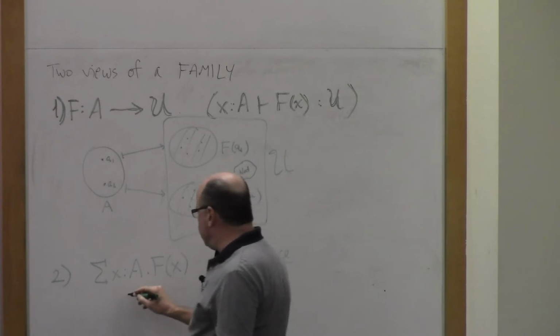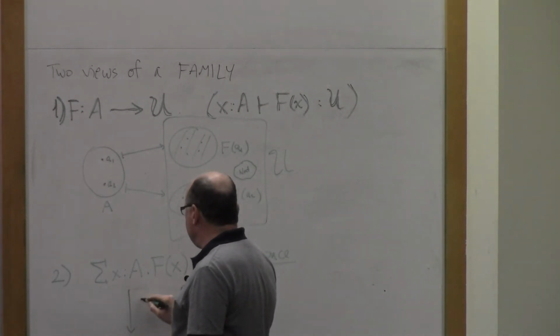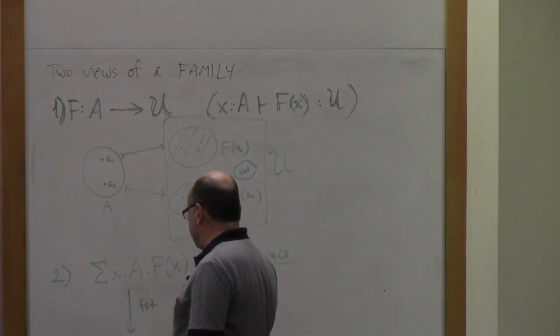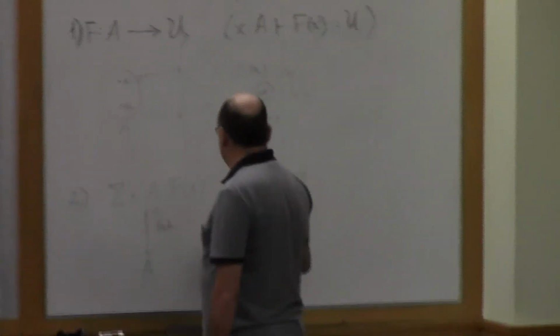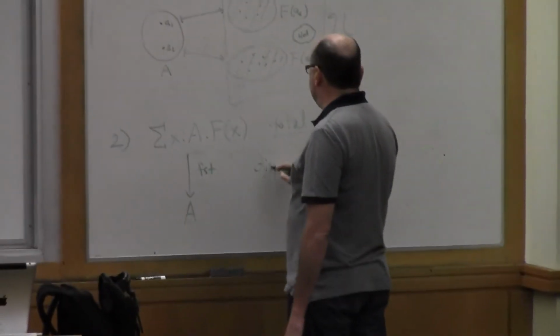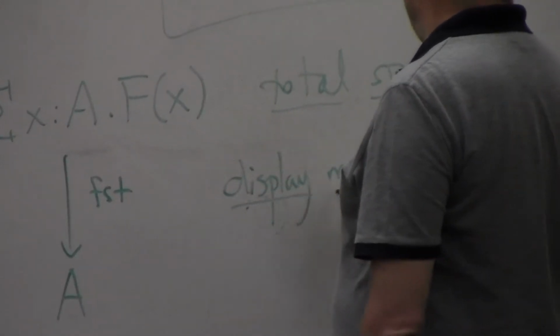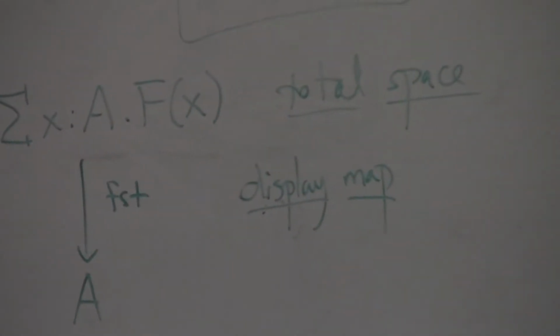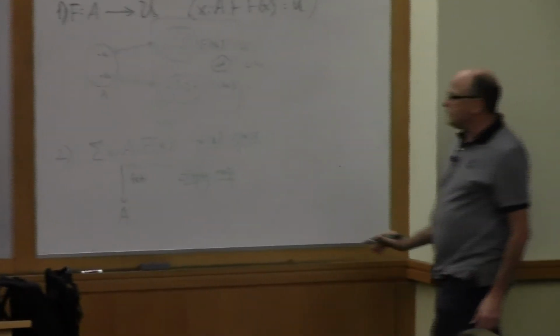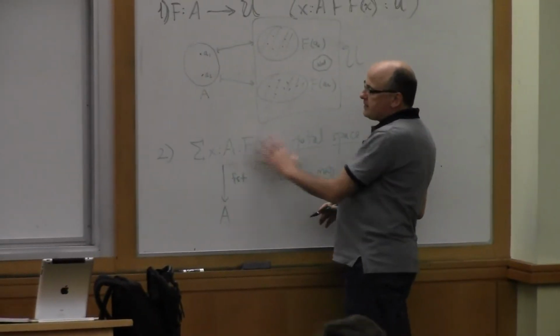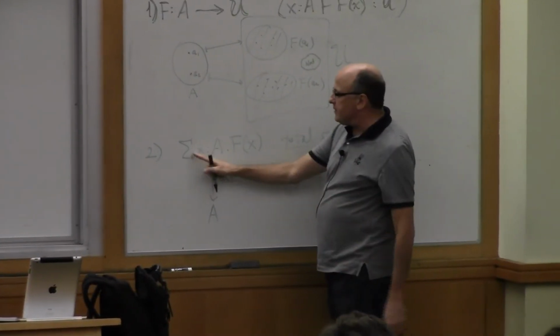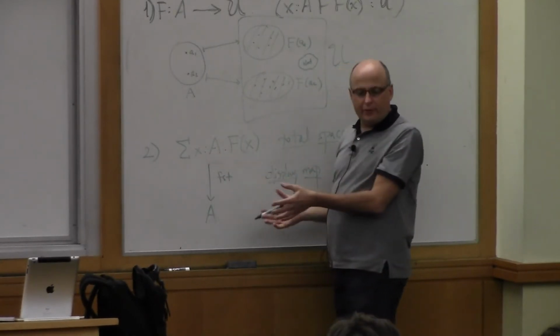And one of the things that this is equipped with is a projection, called first, which we talked about, that goes down to A, which is called a display map. And what that thing is doing is telling us, if you take this big sum, you might be tempted to think of this as a union, but it's not a union.